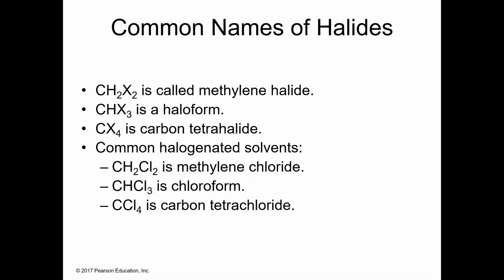Okay, here are some other common names. We've just recently used one of these, and that was methylene chloride, CH2Cl2. The systematic name is dichloromethane. CHX3 is a haloform, so CHCl3 is commonly known as chloroform, and in the United States that is what it's known as commercially.